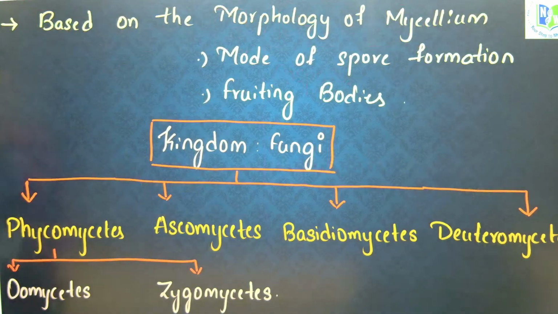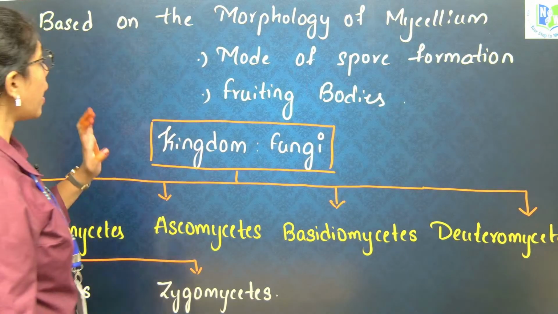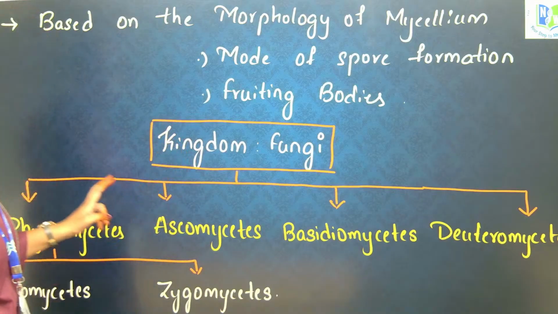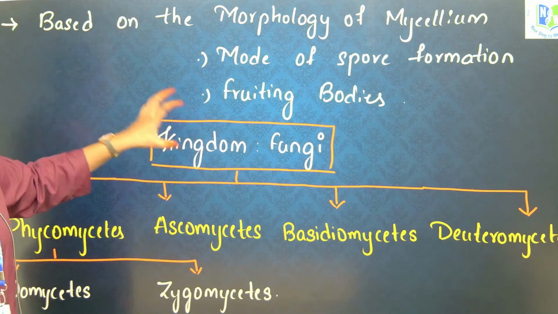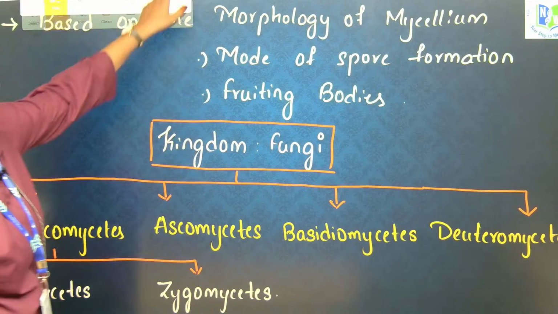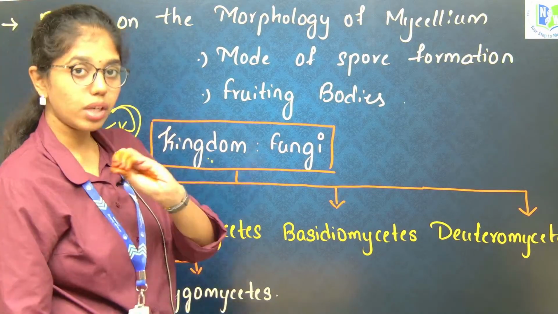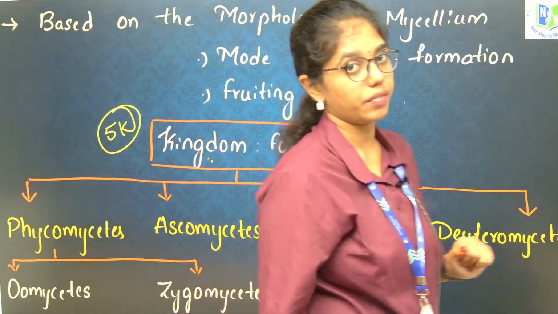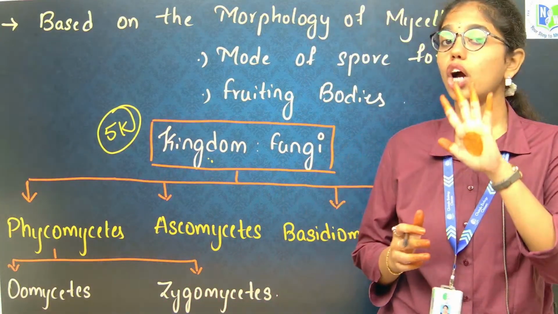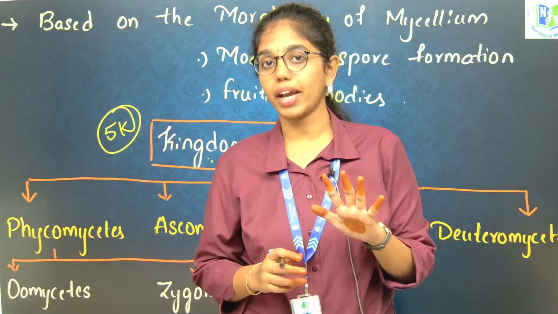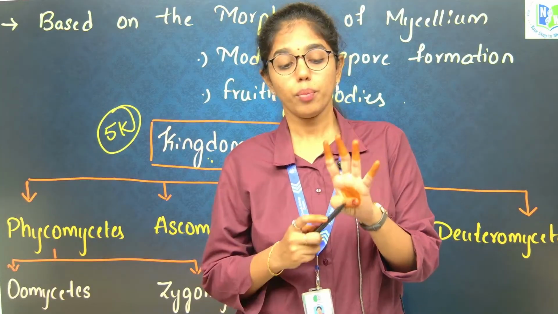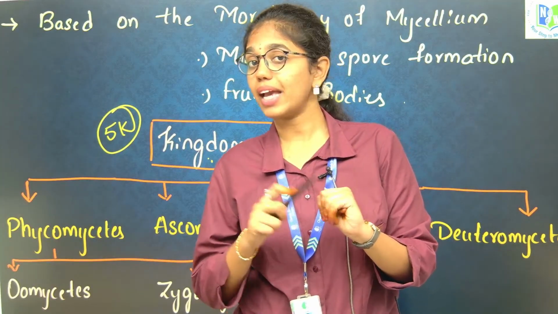Now, on what basis is fungi classified? According to Whittaker's 5 kingdom system of classification, kingdom Fungi was introduced in this system. The 5 kingdoms are Monera, Protista, Fungi, Plantae, Animalia.